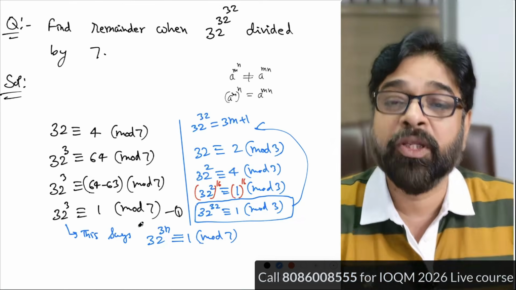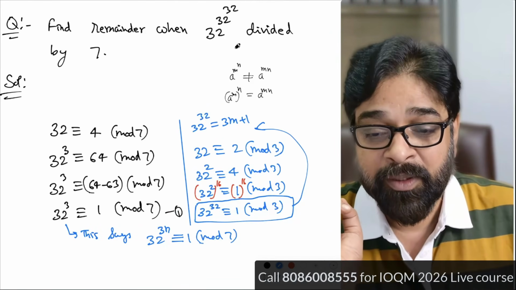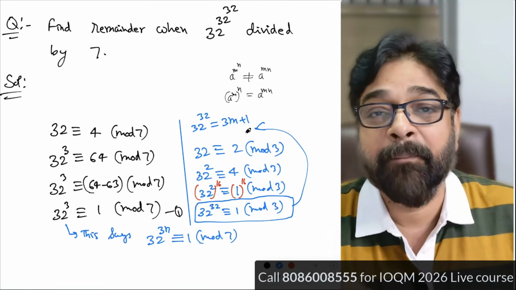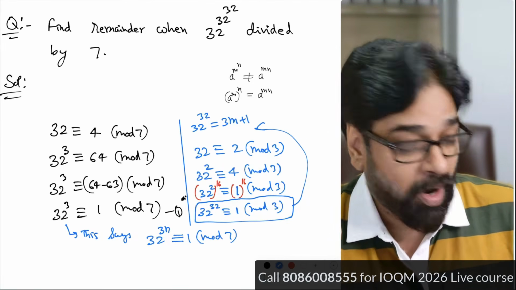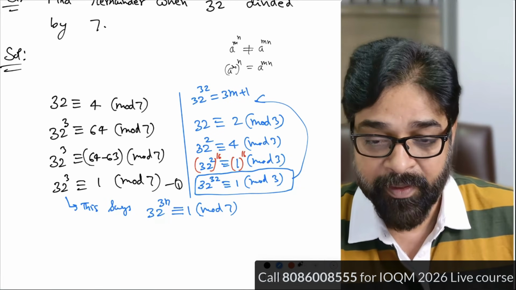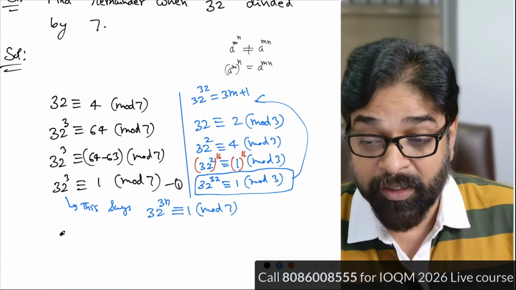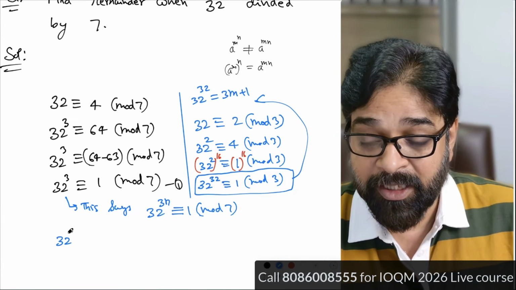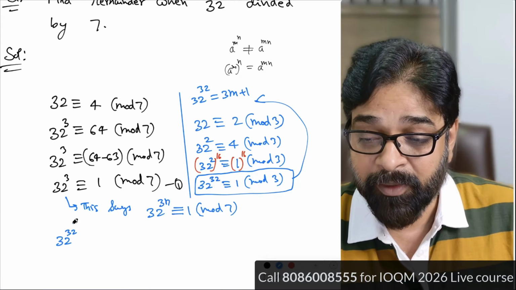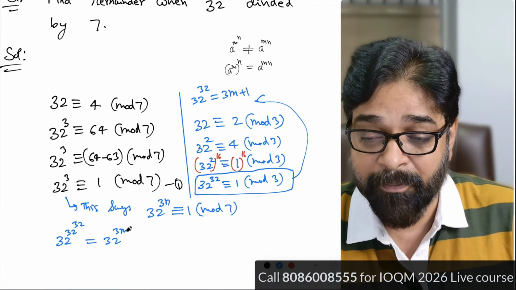So now think carefully. 32 raised to the power 32 can be expressed as 3m plus 1. Please concentrate. 32 to the power 3 is congruent to 1. So can I write 32 raised to the power 32 as 32 raised to the power 3m plus 1?